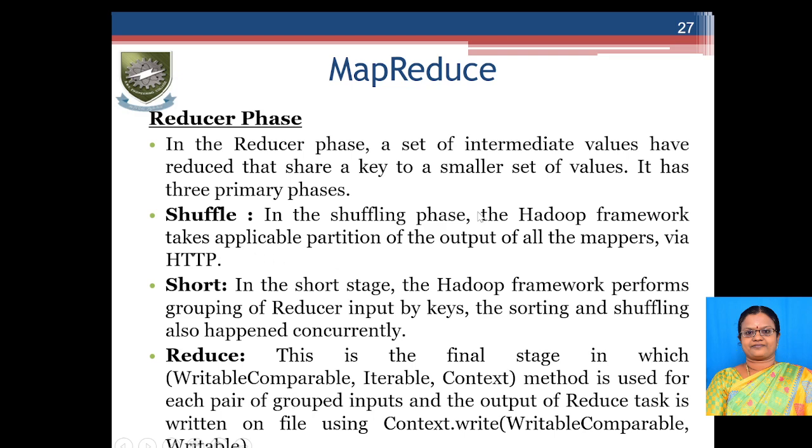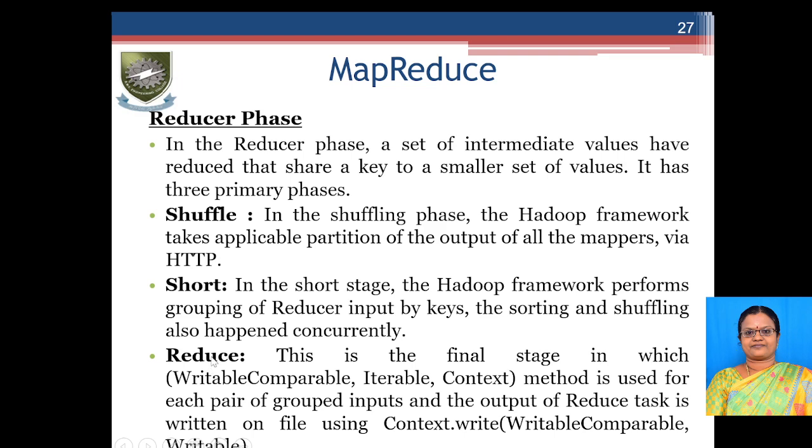So in shuffling, the Hadoop framework takes the applicable partition of the output of all the mappers which we received in the previous phase, and sorts. The Hadoop framework performs the grouping for the reducer by using the keys, and then it sorts the work, and shuffling also happens here. So it is the one which is going to do the sorting.